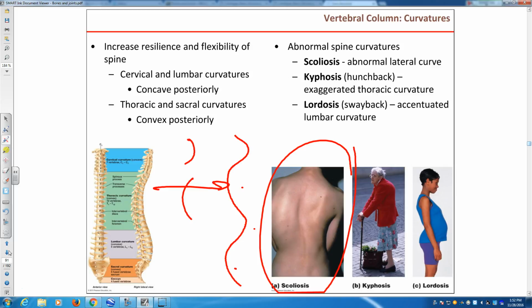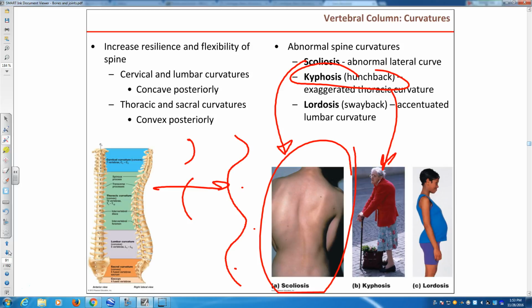There are 3 major types of distorted curvatures: scoliosis to the side, like this or like this; kyphosis, we call it hunchback, usually develops in older people, although sometimes can be found in younger ones.